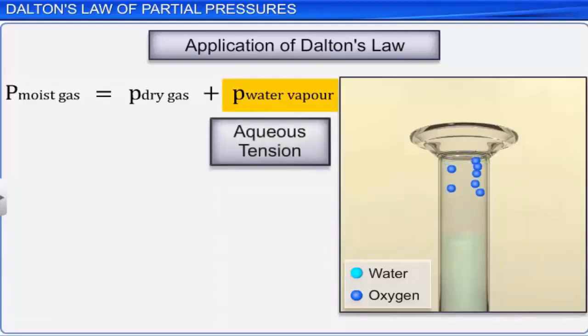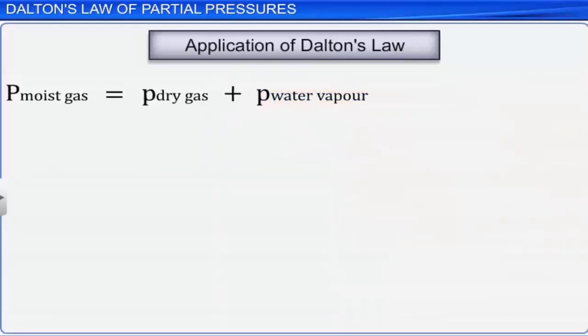If the pressure of dry gas and the moist gas are represented as P and P, and the partial pressure due to water vapor commonly called aqueous tension can be expressed as P dash, then by Dalton's law of partial pressures, the total pressure exerted by a moist gas, that is, P is equal to the partial pressure of the dry gas, P, plus partial pressure of the water vapor, P dash.